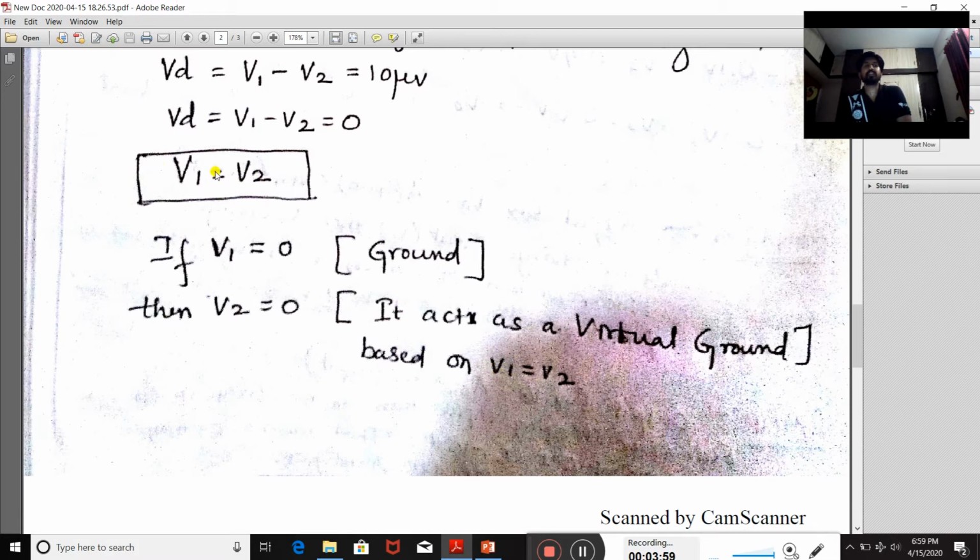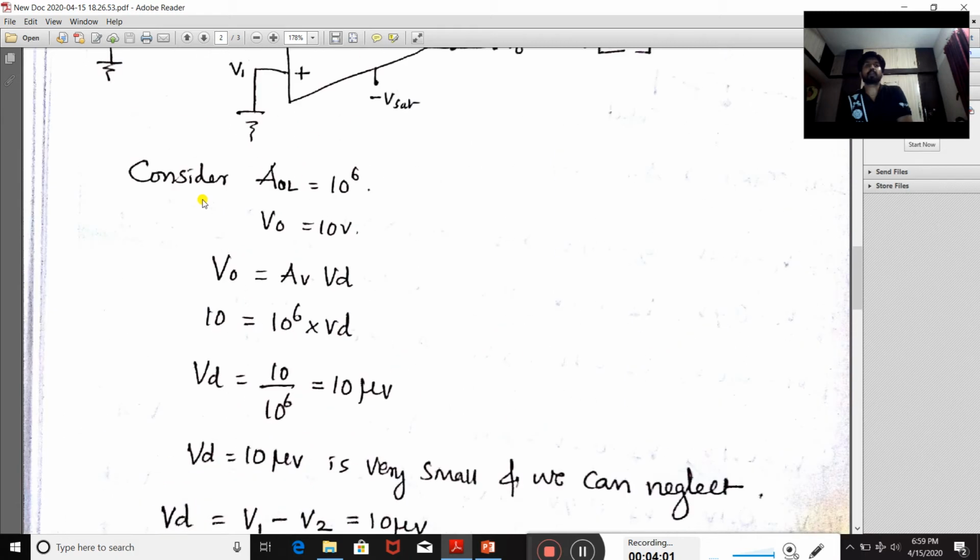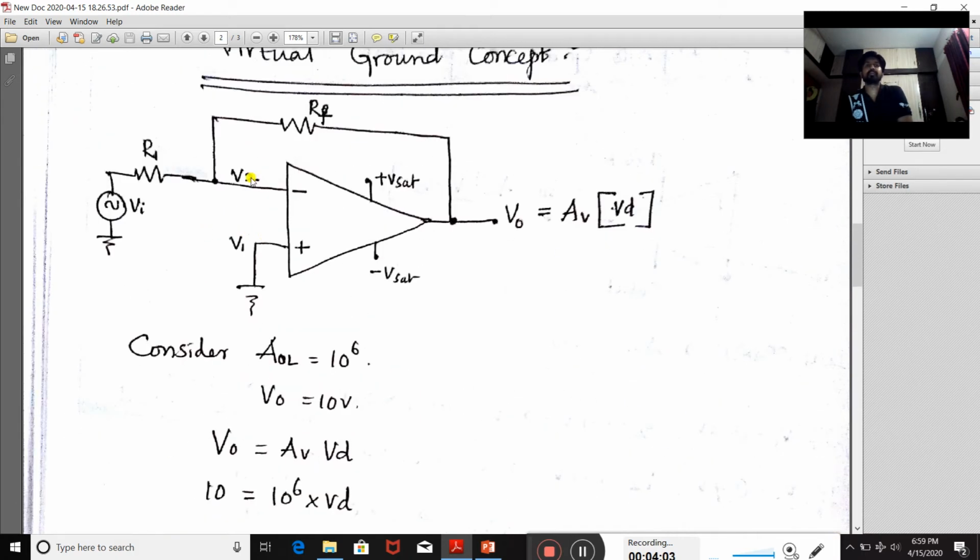V1 equal to V2 means the potential at V1 is equal to the potential at V2. As V1 is 0 here, this potential is also considered 0, and this is called the virtual ground concept. Even though the V2 terminal is not directly grounded, it is shorted to V1.